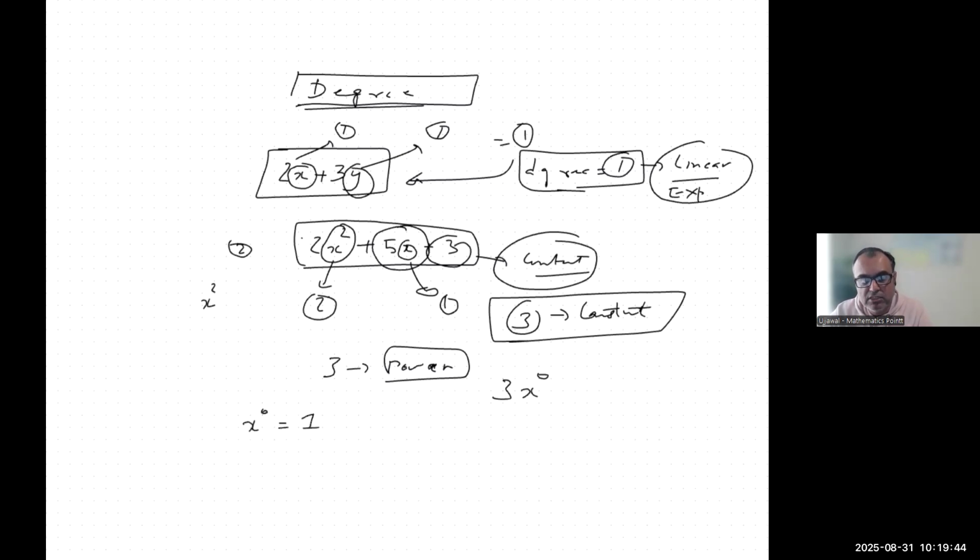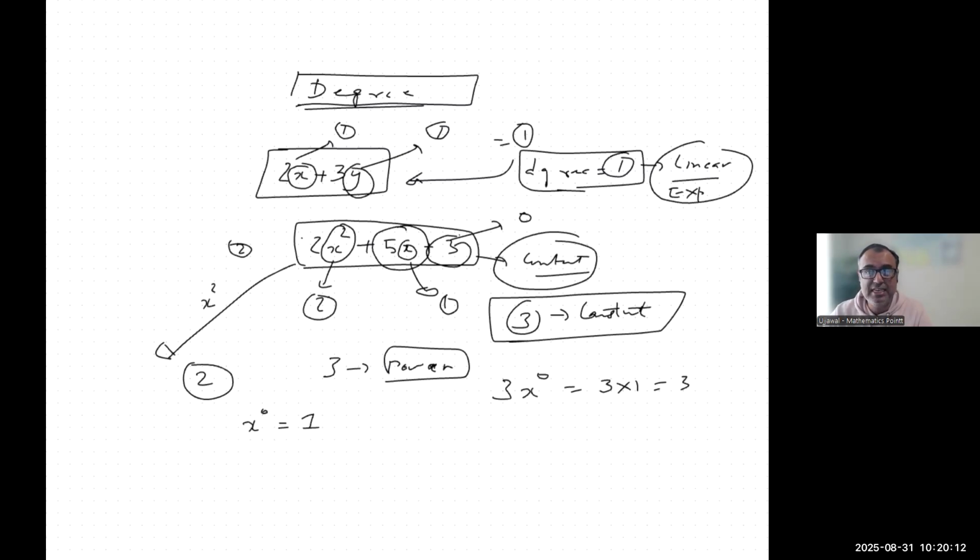And therefore, this is 3 times 1, which is 3. So, coming back, this 3 has a power of 0. Now, what is the highest power of the second expression? It is 2. So this expression has the highest power of 2.